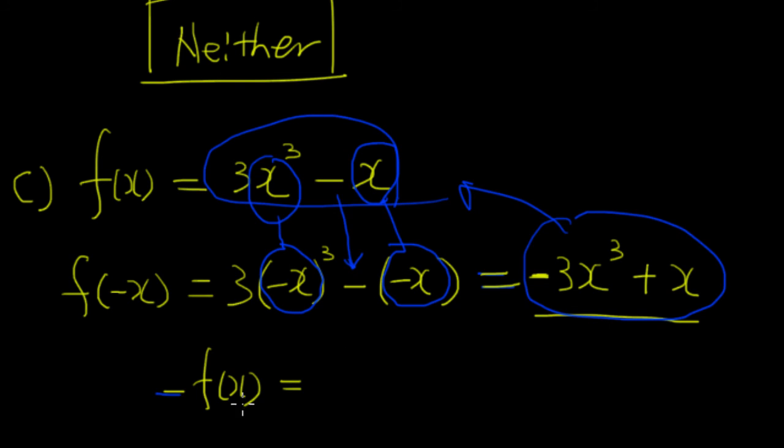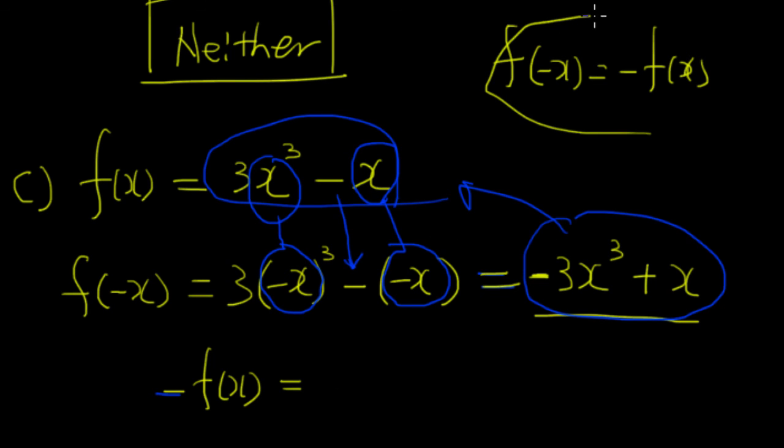for odd function, right? Because what's an odd function? An odd function says f of negative x is the same thing as negative f of x, right? That's an odd function, right? So we are checking negative f of x. Negative f of x means put a negative in here. It'll be negative, 3x to the cube, minus x.